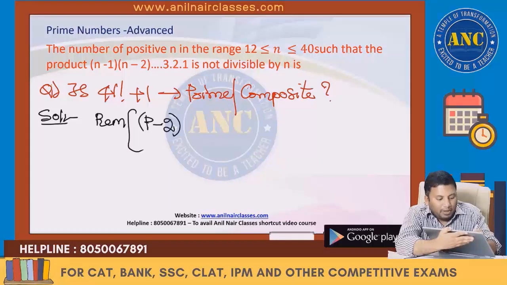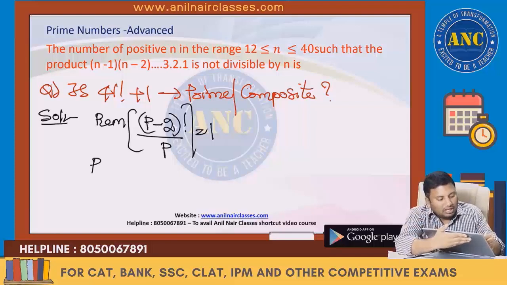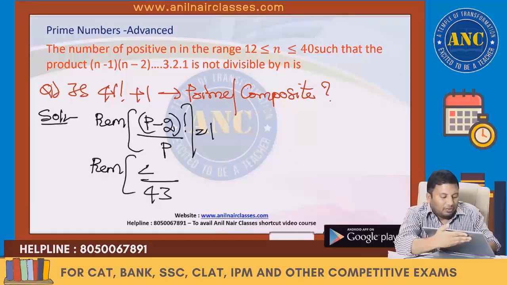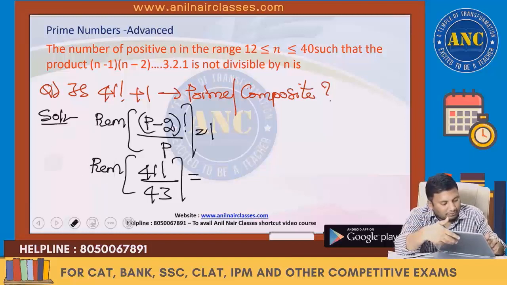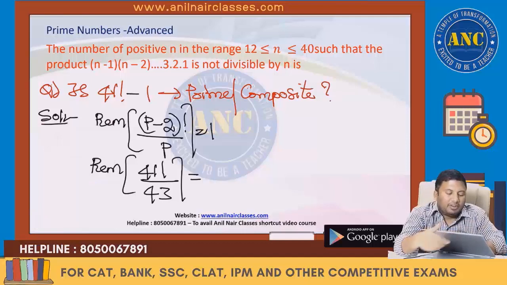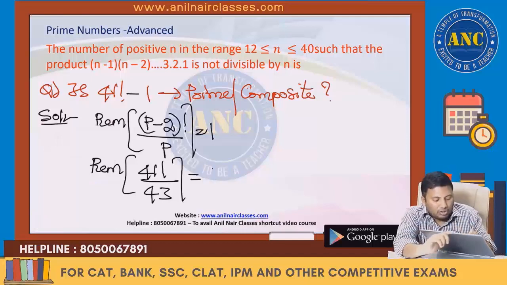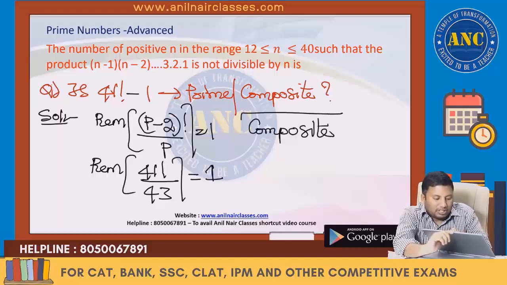Remainder of (p minus 2) factorial divided by p is 1. If I take p as 43, 41 factorial divided by 43 gives minus 1, sorry, 41 factorial plus 1. So this is 1, and 1 minus 1 is 0. So the answer for this question is composite number.